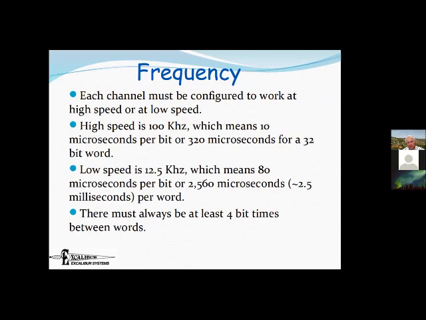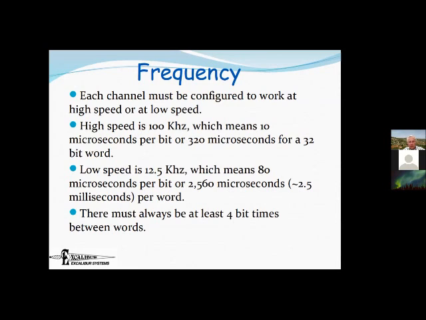So you're not allowed to send labels out contiguously. Which means that if you want to know the maximum throughput, the maximum number of labels that you can send per amount of time, for high speed, you divide that time by 360 microseconds, and that tells you the number of labels that you can send out.